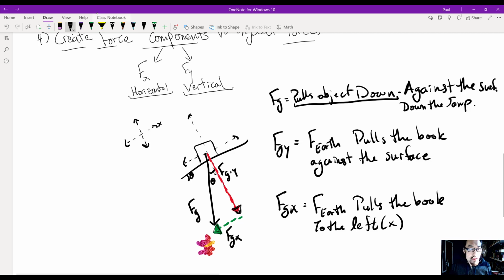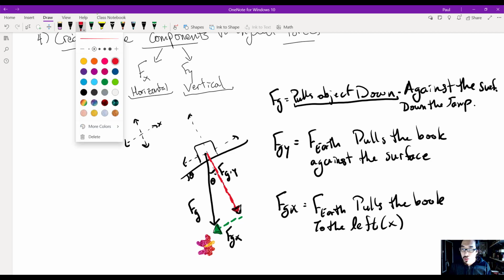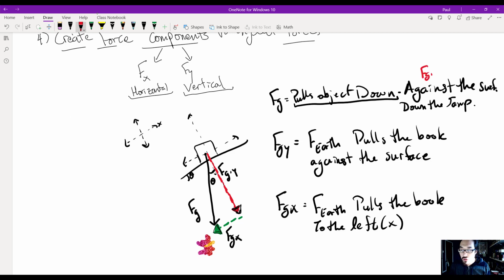So against the surface, I used red for this, this is FGY, and down the ramp, we use green for this one, this is FGX. So within our verbalization, FG pulls the object down against the surface and down the ramp. Within our verbal, there lies our FGY and our FGX.